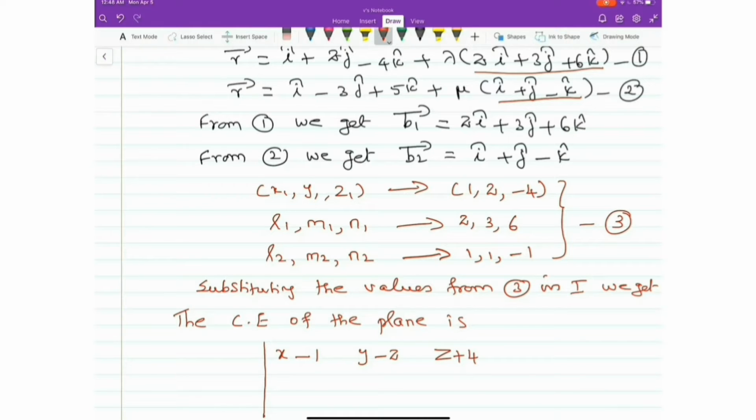Then L1, M1, N1: 2, 3, 6. Then L2, M2, N2: 1, 1, minus 1, should be equal to 0.